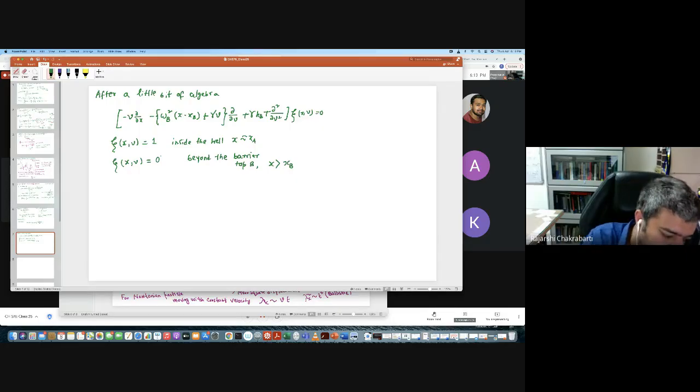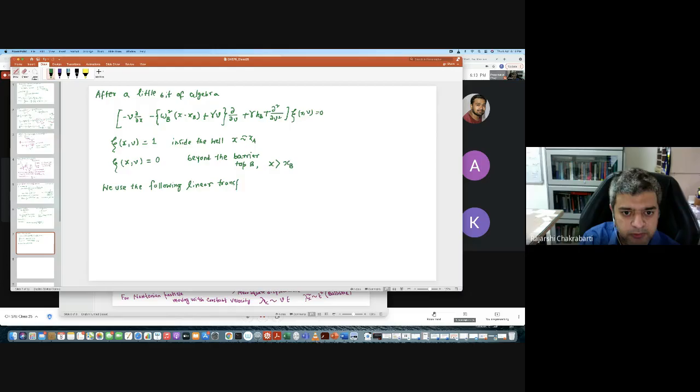Okay, now let us do a few more things. We use the following linear transformation, which is very important, because now it is going to be a little lengthy, but it is important that I do this. Say I take u equals v plus x minus xb into small a.